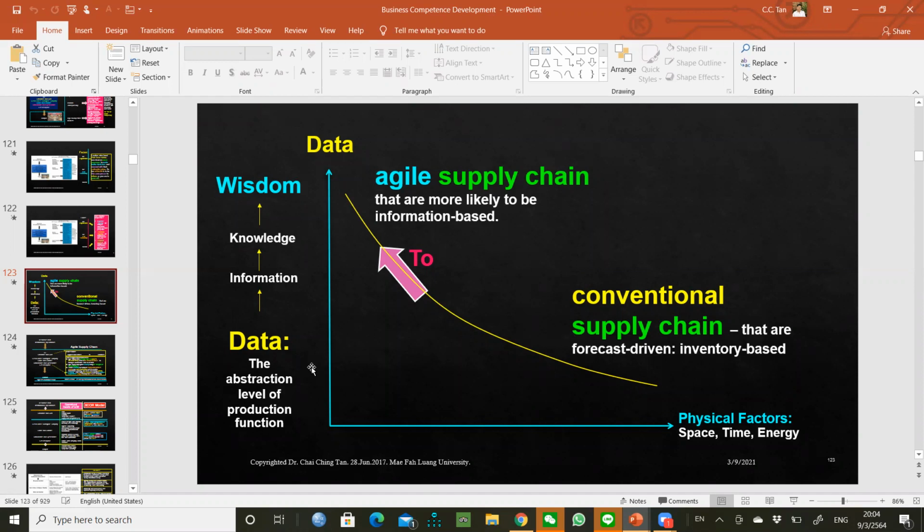As you can see from the left, the more data that we have, such as today because of the technologies' prevalence, we have big data. And again, the more data we have, the more understandings we gain, provided we have the right analytics tools to comprehend all those data and turn those data into knowledge.